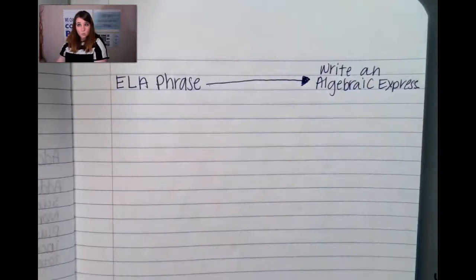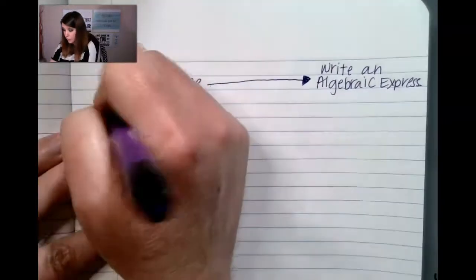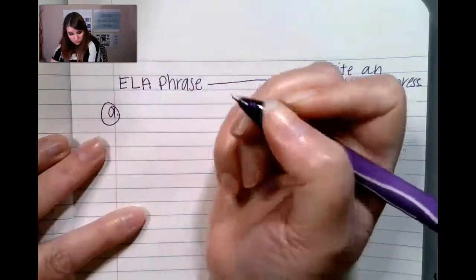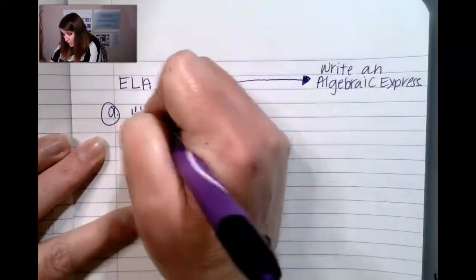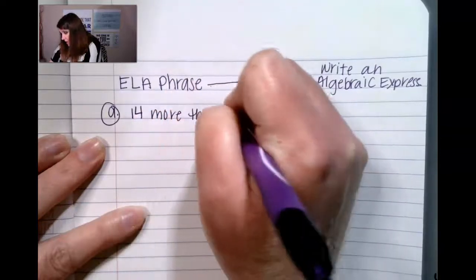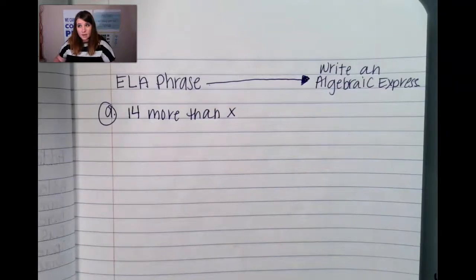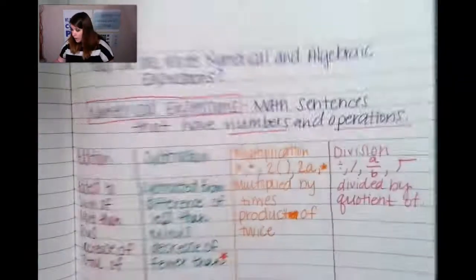Okay, so this is what we're doing with our self right now. Okay, so A, 14 more than X. 14 more than X. Well, let's look back.